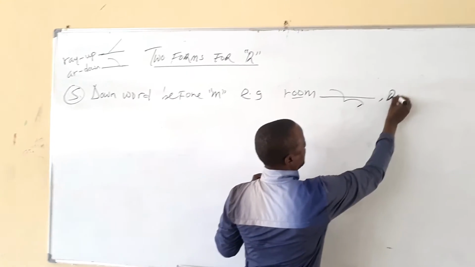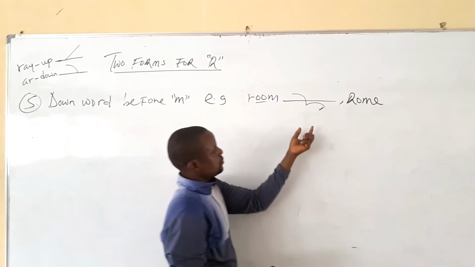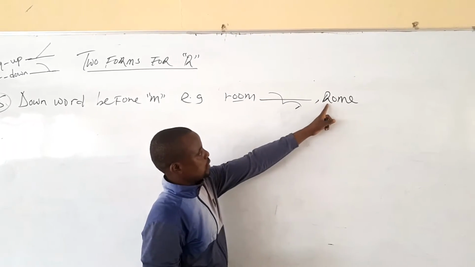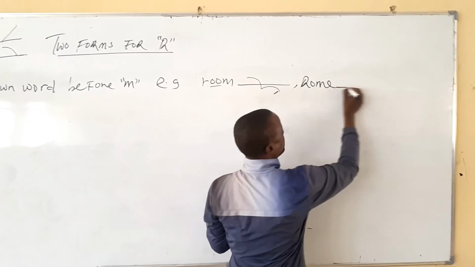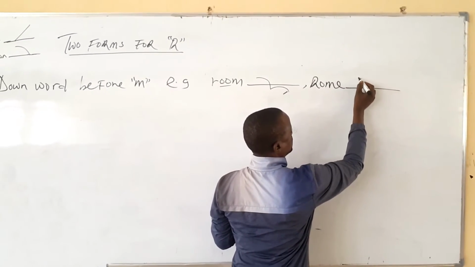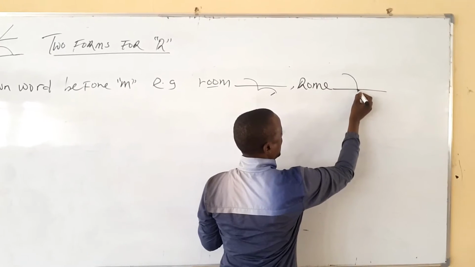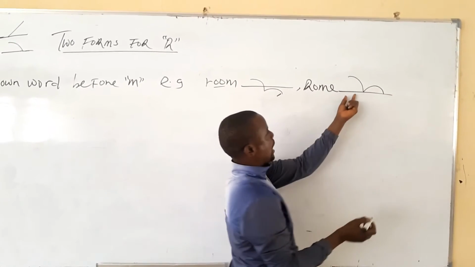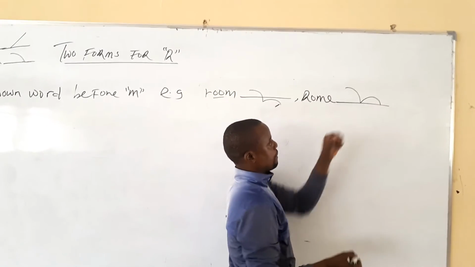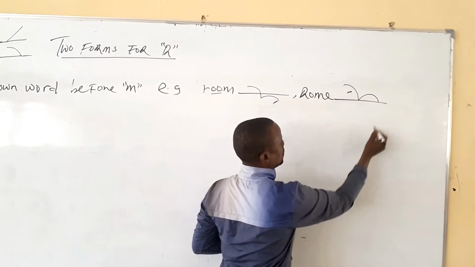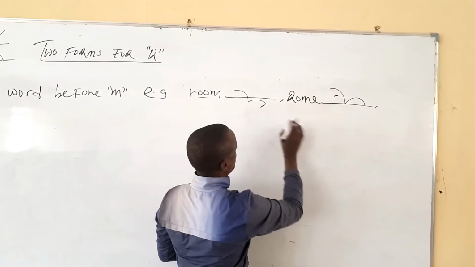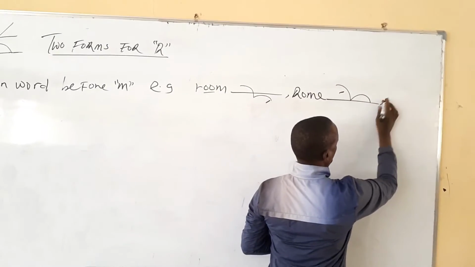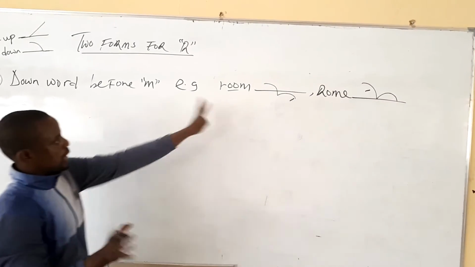Now you are going to use the R down before M. That is why you see wrong. Wrong is R down M, because R is followed by M. So wrong is like this. Then we can give another example. We say maybe. Okay, that was maybe like this.